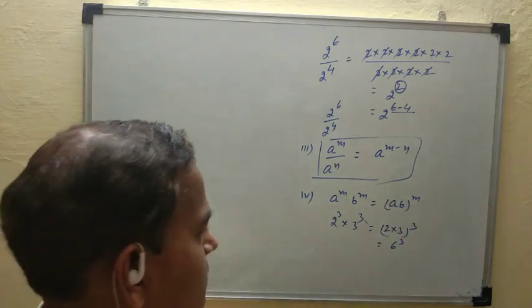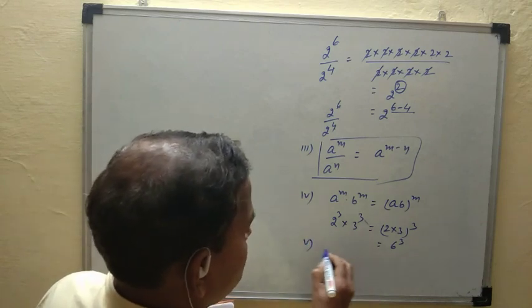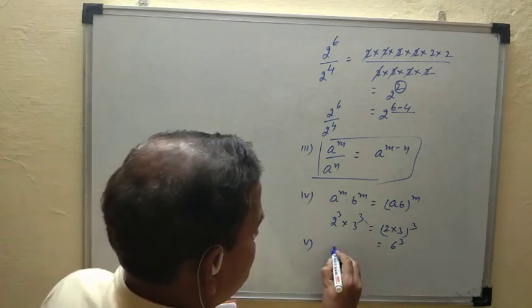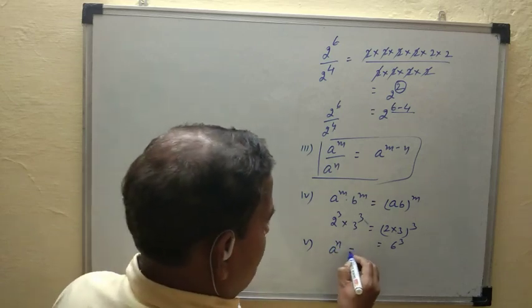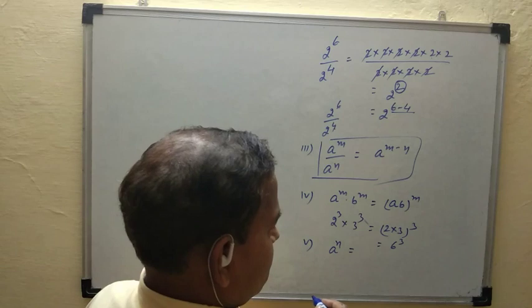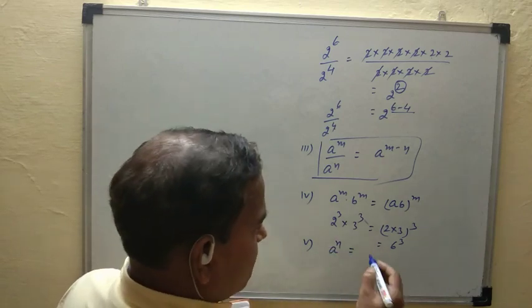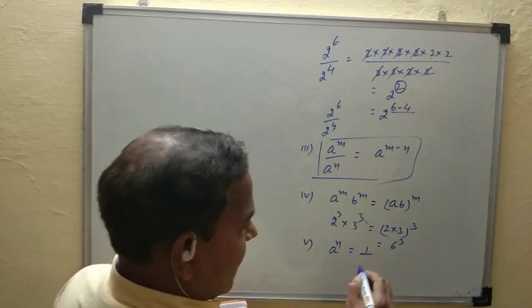सो दिस इज द लॉ. And fifth point: suppose a to the power n, and this term is taken to the denominator. When this term is taken to the denominator, then the sign of the power changes.